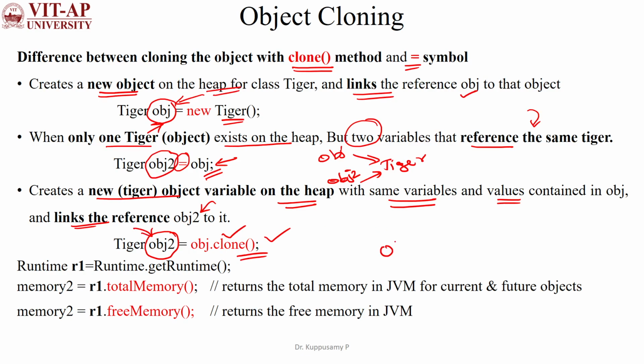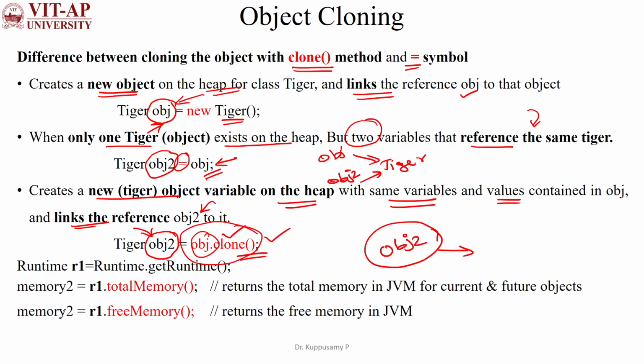Now if you want to change the value for obj2, you can change it, because it is referring to a different Tiger, so you can give different values which are not available in obj, the first variable.